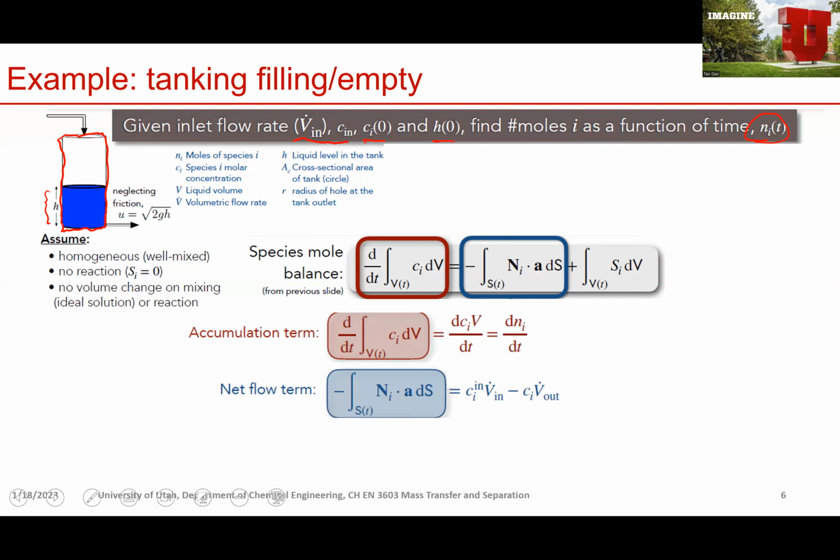Then for the accumulation term, in this case the control volume doesn't change with time, so it's time invariant. Also the concentration is constant, so in this whole mixture it doesn't change with space.